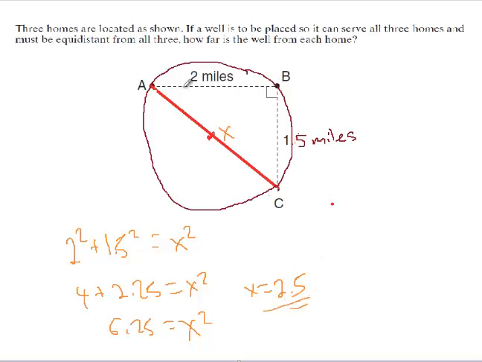So that means the diameter of this circle is 2.5, which means the radius of the circle is 1.25. And what do they want? What they want is the radius. They want how far the well is from each home. Now, the distance of the well from each home has to, by definition, be the radius of the circle, so your answer is 1.25 miles.